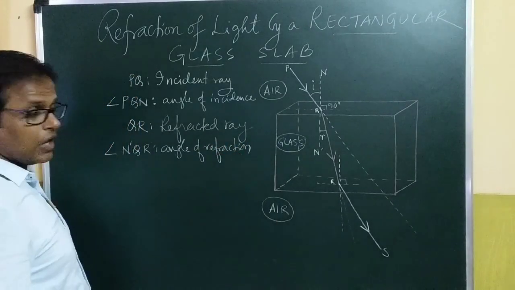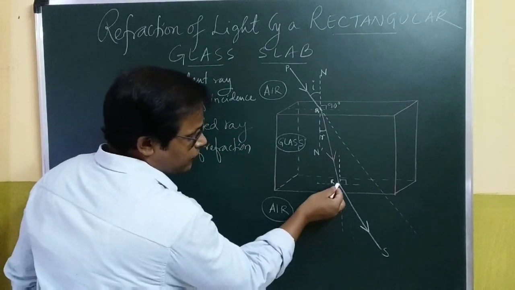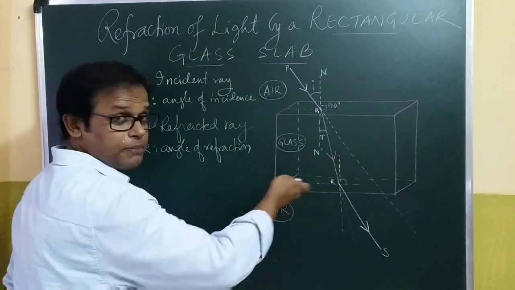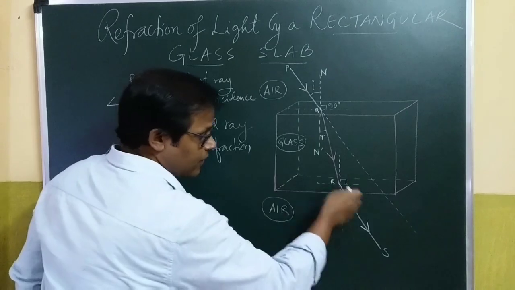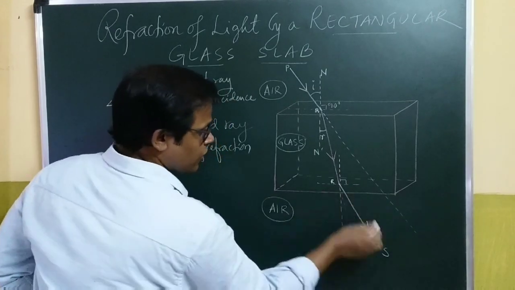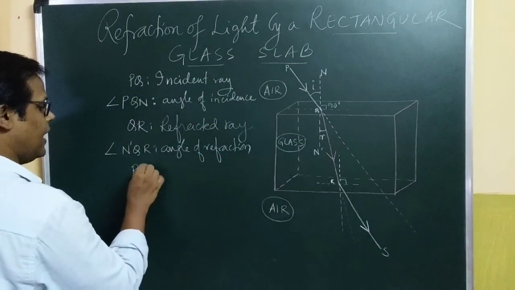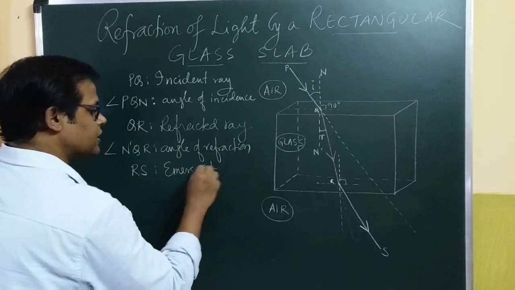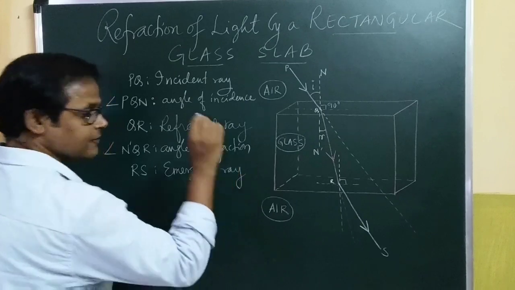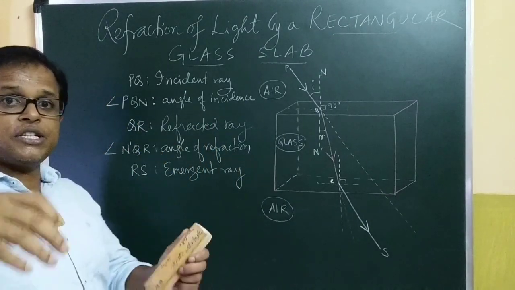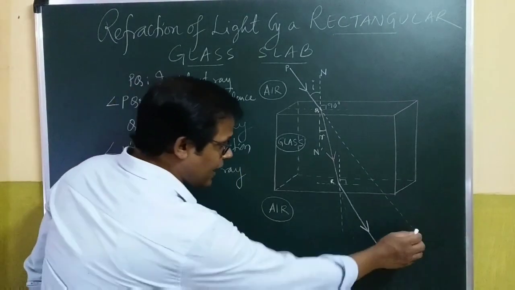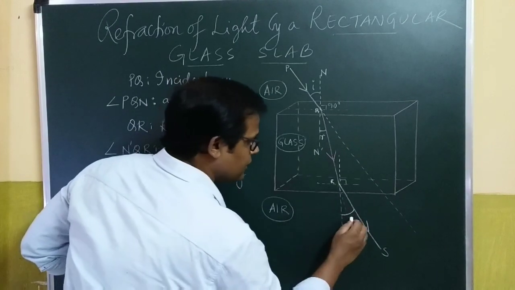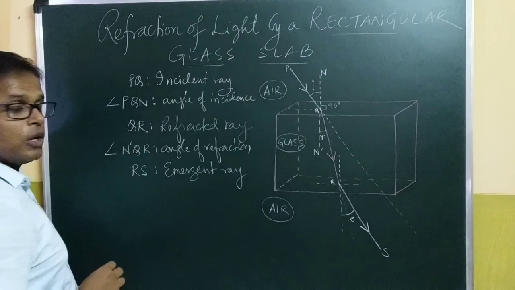That's good. Now again you see that this ray of light, the QR, behaves like an incident ray for the second parallel phase of the glass slab and finally emerges out. So the ray of light RS is called as the emergent ray of light. The angle between the normal and the emergent ray is basically denoted by the small e.